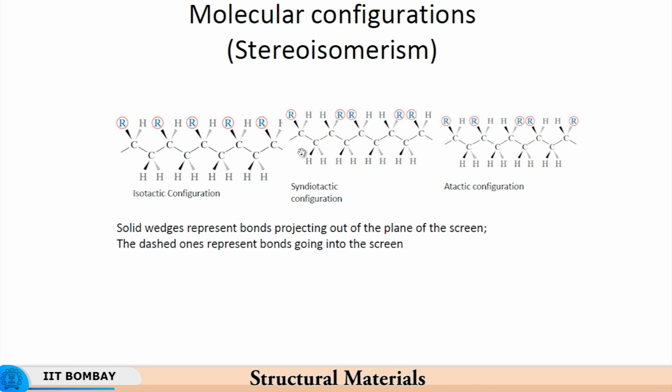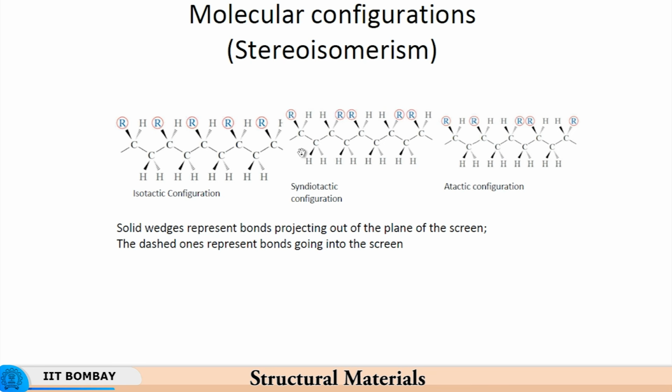If you look at the syndiotactic configuration, you have the configuration in which there is again some symmetry that is maintained, but then two functional groups tend to come together here as you see. So if you take this, then you have R, and in between you have 2H.